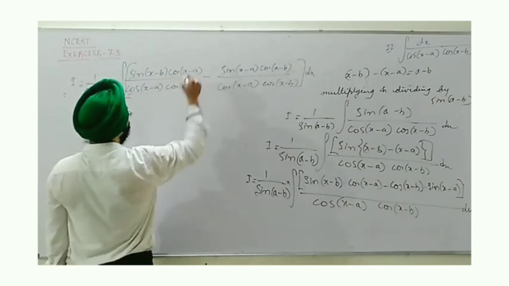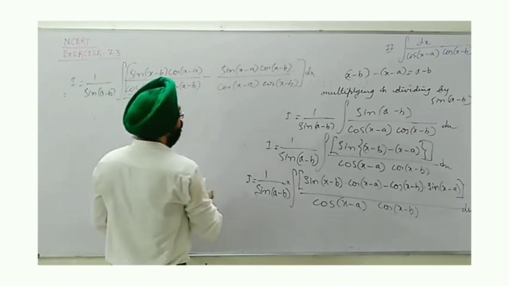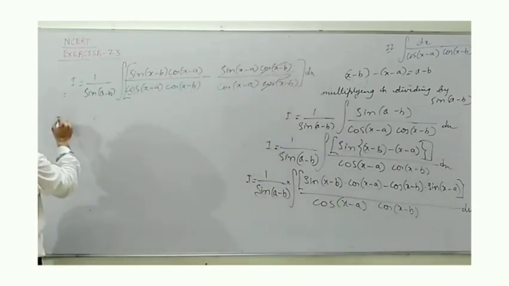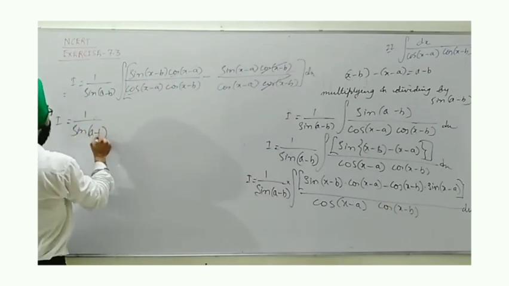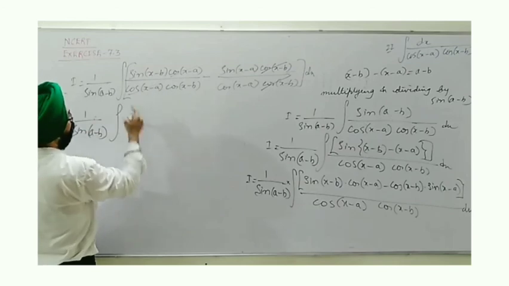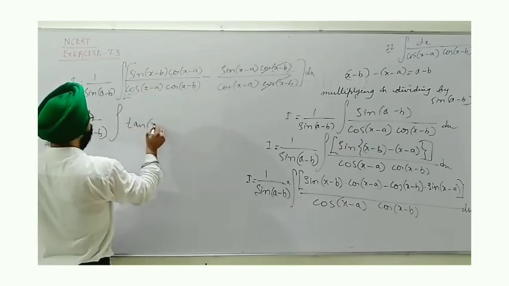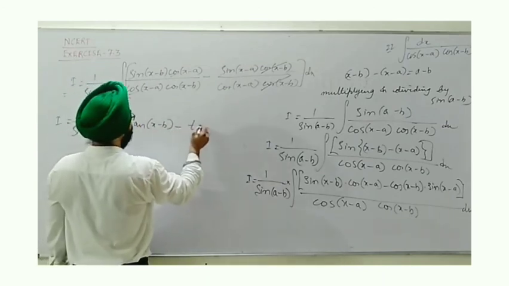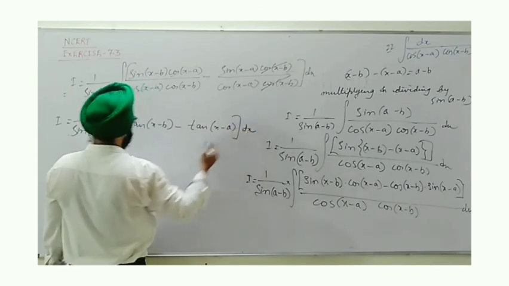Here the terms of cos with x minus A will cancel out, and the x minus B part will also cancel out. Finally we are left with I as 1 upon sine A minus B integration of sine upon cos with the same angle. It is tan of x minus B minus tan of x minus A dx.